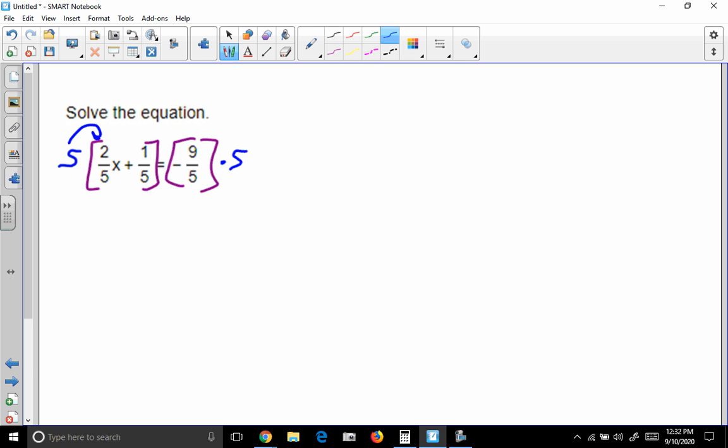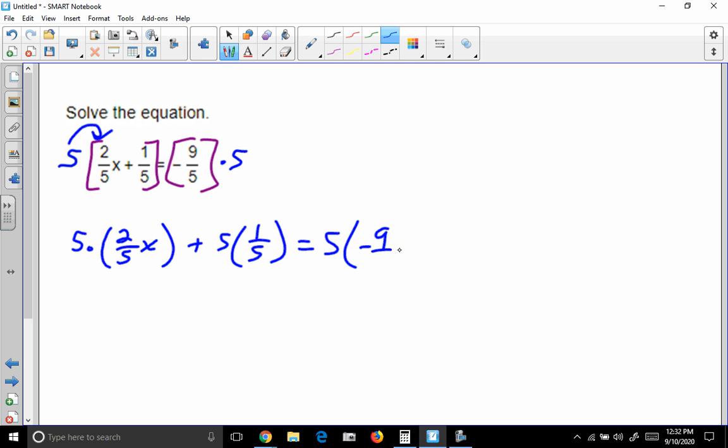So we're going to do 5 times, and then we're going to do 5 times the next term. And on the right side, we're going to do 5 times negative 9/5. Now, I often like to put these 5s over 1 just as a reminder that that 5 is on top.